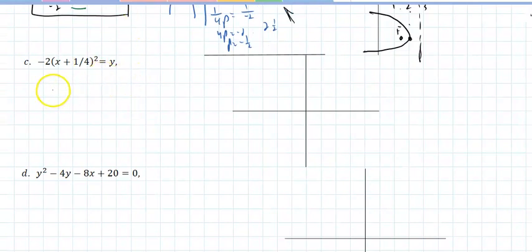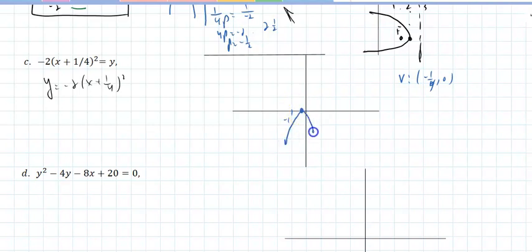Here again, I'm looking at y equals negative 2 times (x plus 1/4) squared. Hey, I know what that is. That's an upside down parabola. I know the vertex is at (negative 1/4, 0). If this is negative 1, negative 1/4 is about right there. And I know this parabola opens down. So the focus is at x equals negative 1/4, and I know that's going to be below the vertex.